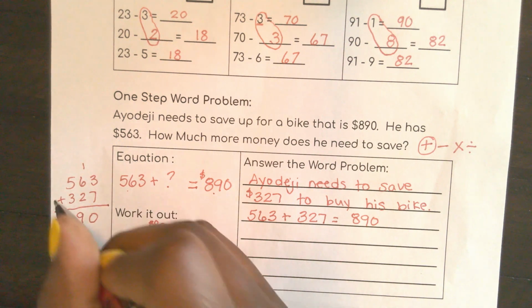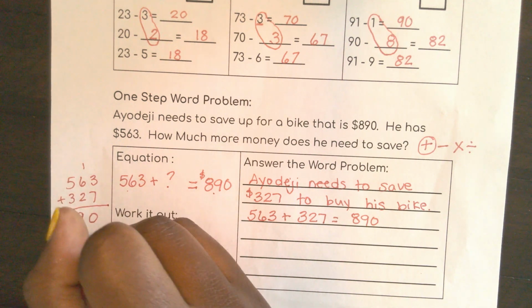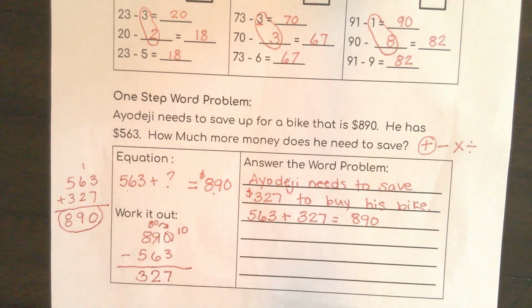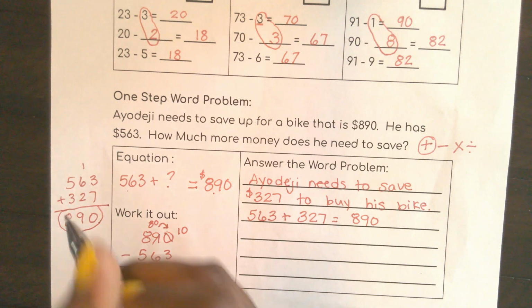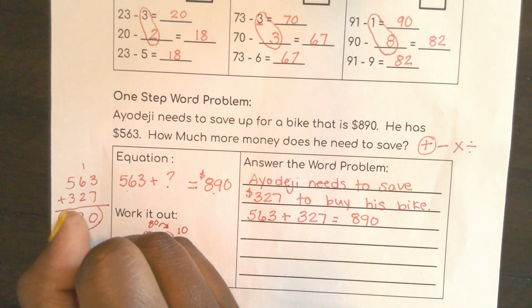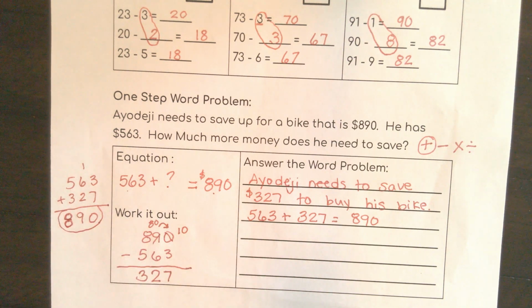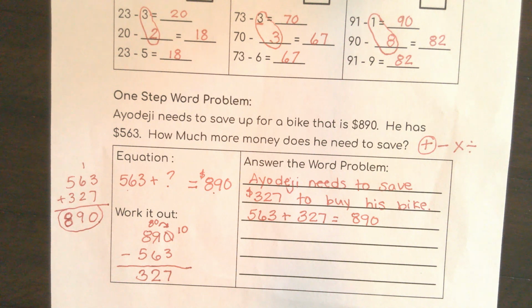And here you have 5 plus 3, which is 8. So you really do end up with that $890. Okay? Excellent work today. You really thought that through.